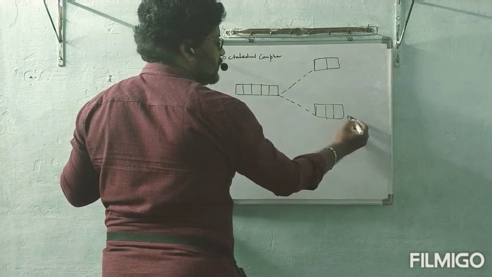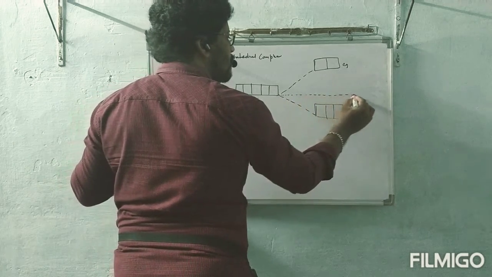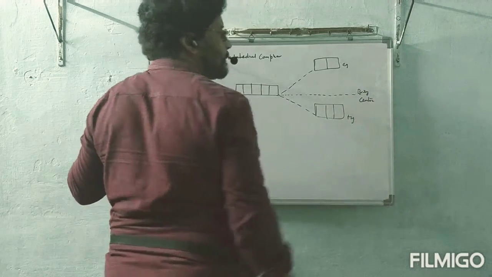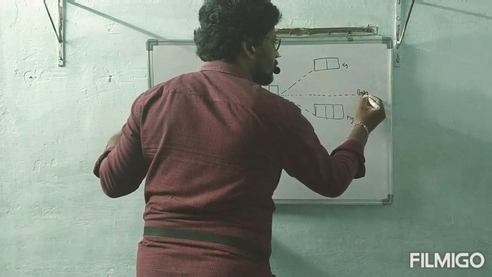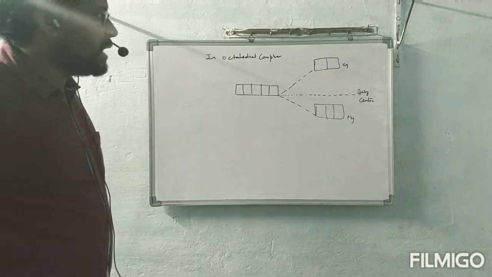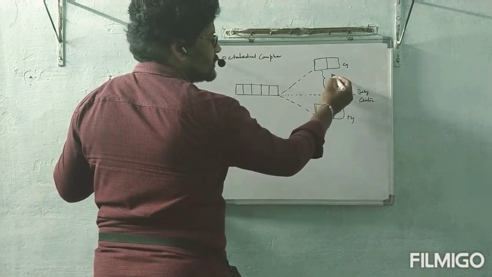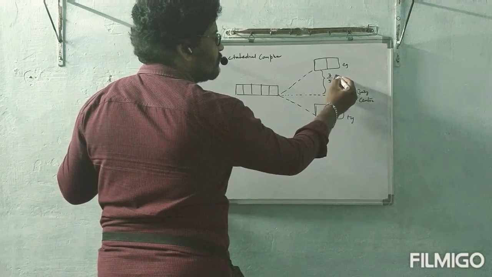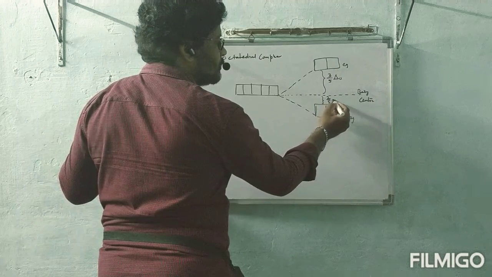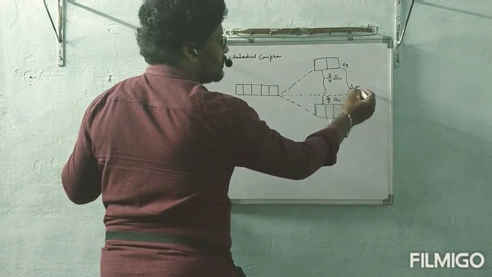This is the t2g set, this is the eg set, and the center line is called the barycenter. This is 3/5 of delta naught, and this is 2/5 of delta naught, and in total this is delta naught.